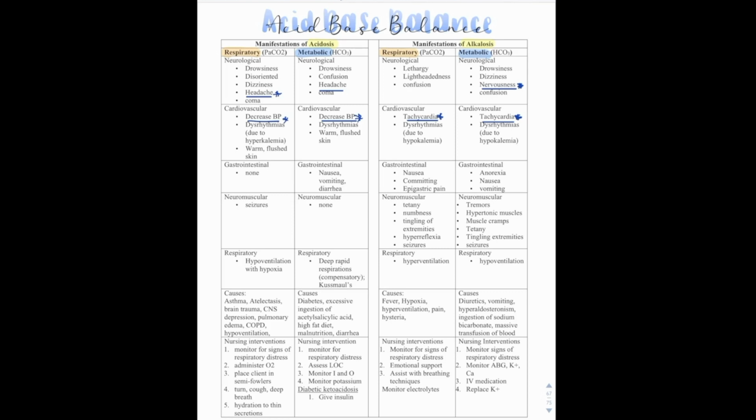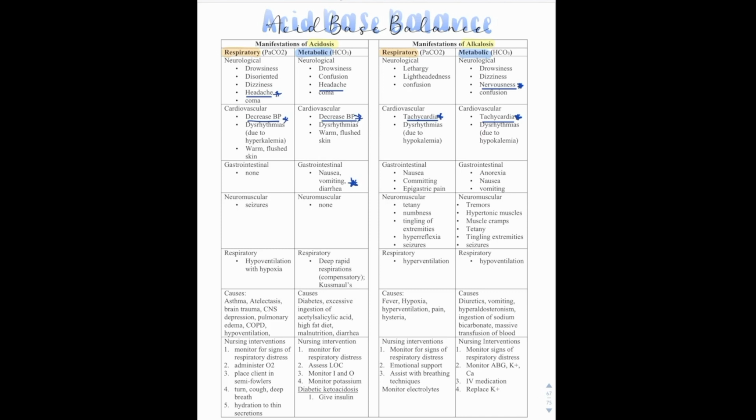Okay, so let's move along. For respiratory acidosis, we're seeing no GI symptoms. For metabolic acidosis, we're seeing nausea, vomiting, and diarrhea. So that's important to know, those are some differences. Now, when it comes to gastrointestinal for respiratory alkalosis, we're seeing nausea and epigastric pain.